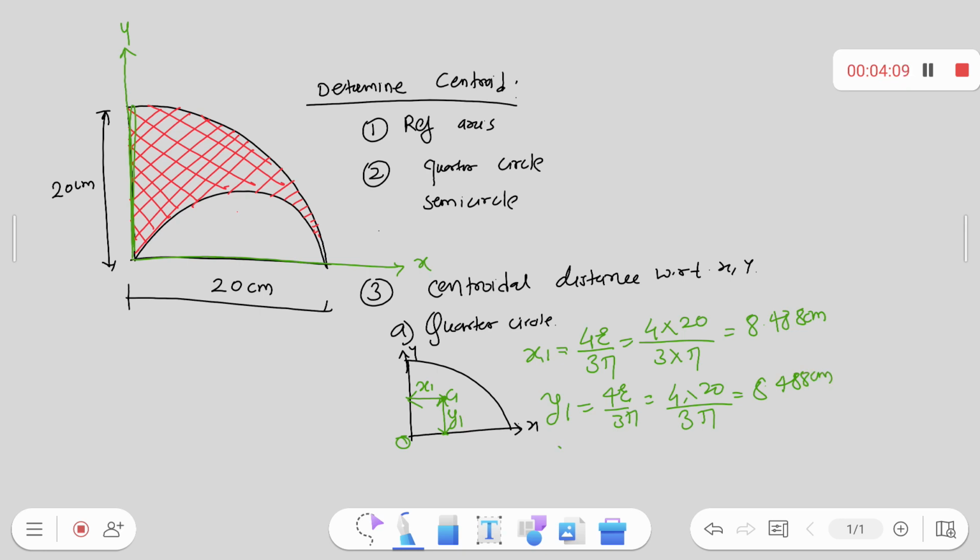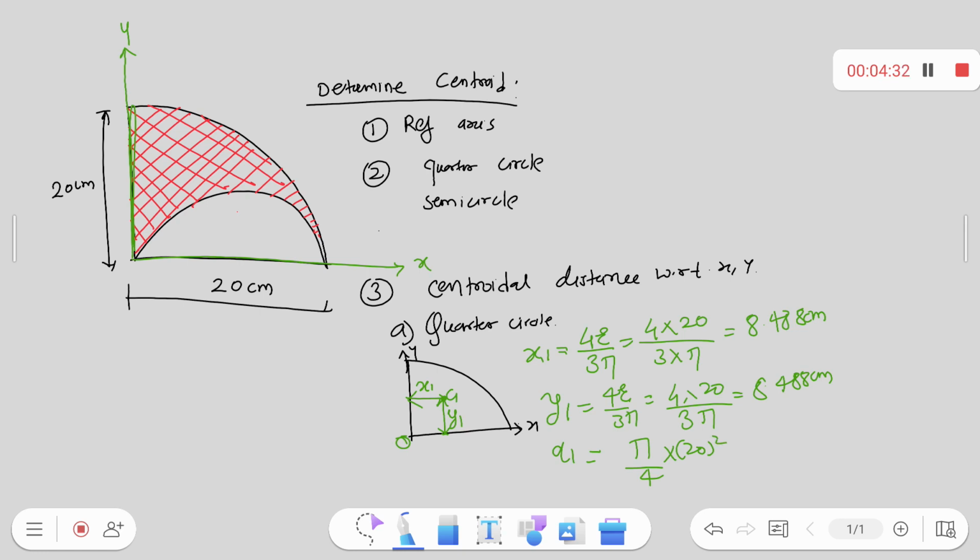I know the area of the quarter circle. What is the formula for the area of a quarter circle? It is pi r square by 4. R is 20.